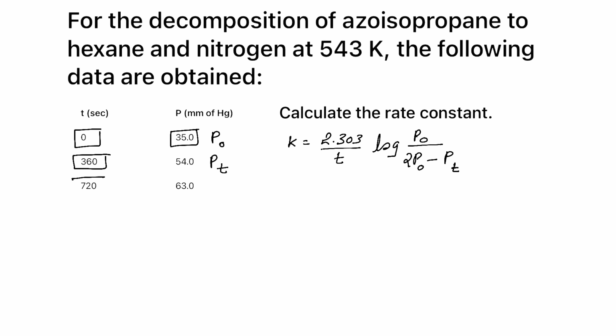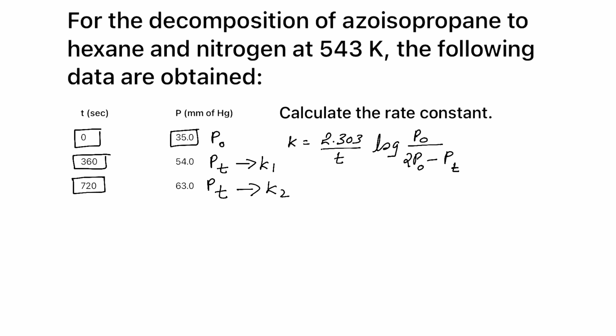And when time t is equal to 720, the Pt value is 63, which means you have 2 Pt values. You have 2 cases. So you have to find K for the first case, we can say K1. For the second case also you have to find the K value, we can say K2. After finding K1 and K2, find the average of that. That will be the rate constant of the overall reaction.